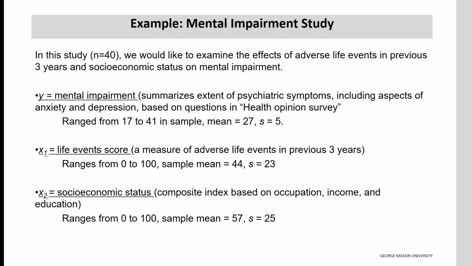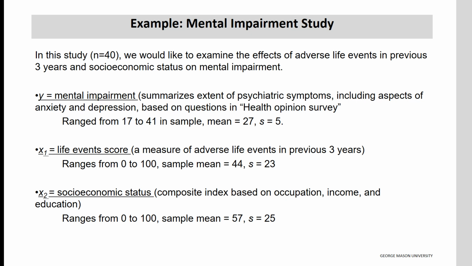For this sample of 40 subjects, the sample mean is 44 and the standard deviation is 23. Our second variable is socioeconomic status, a composite index based on occupation, income, and education. So 3 variables are taken into consideration when calculating socioeconomic status. This variable also ranges from 0 to 100, where the sample mean is 57 and the standard deviation is 25.